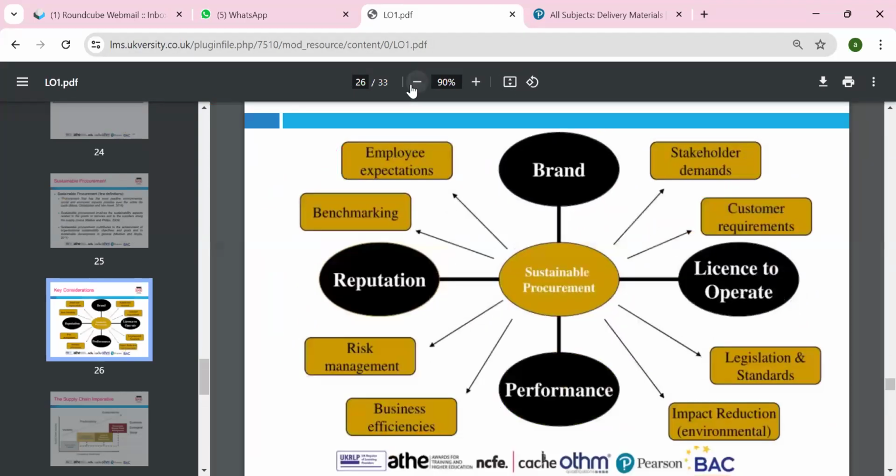We can also look at stakeholders, anyone who has any interest: brand, licence to operate, performance, reputation, stakeholder demands, customer requirements, legislation, standards, impact reduction, business impact. Like if we are buying things, we have to look at the shortest route.